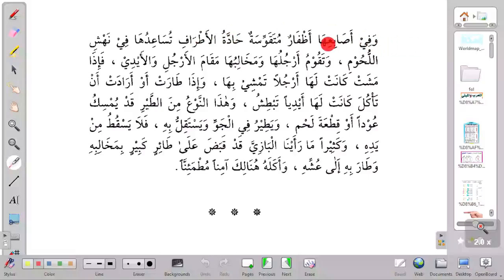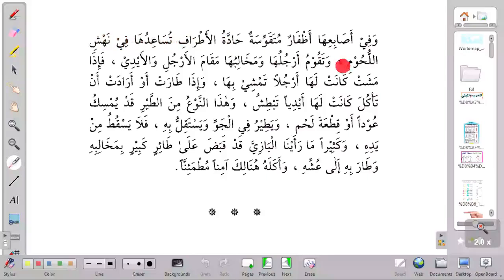Asabi' is the fingers, and in its fingers, asfarun mutaqawwisatun. Asfar is the plural of zufrun, which means nails, fingernails. It has nails. Mutaqawwisatun, that is curved. Haddatul atraf, it has sharp edges, sharp endings.